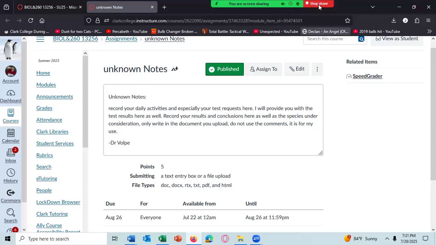Let me stop sharing for a minute and I'll show you an example from an earlier term. I need to stop the sharing because the earlier term has been graded. I don't want to show you the grade. So I'll erase the student's grade and then I'll start sharing and then talk about the unknown notes pages.